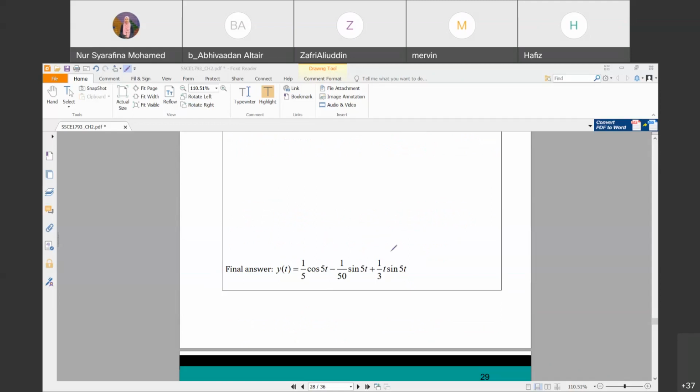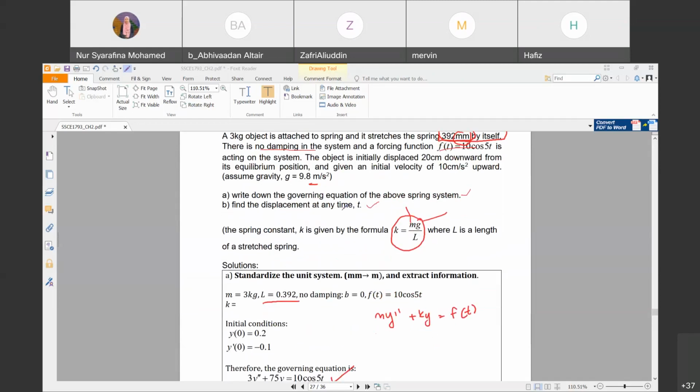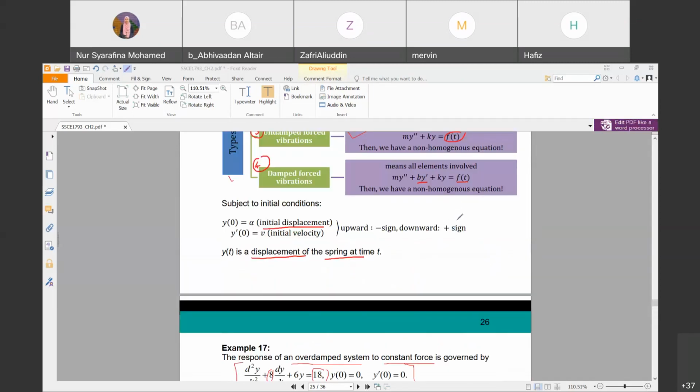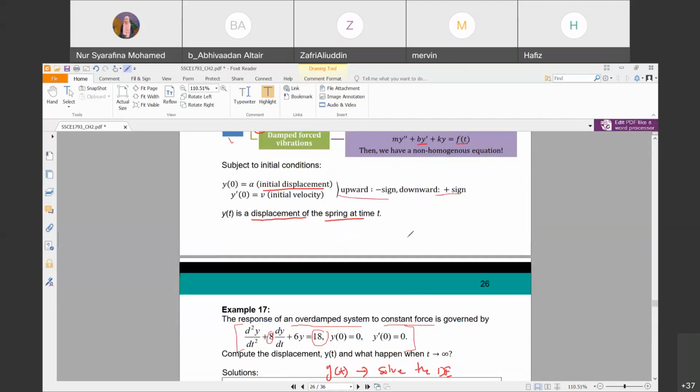So what are the conditions given? Here, the object is initially displaced 20 cm downward. Remember, downward is a positive sign and upward is a negative sign.